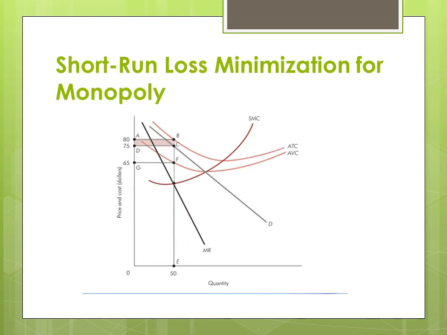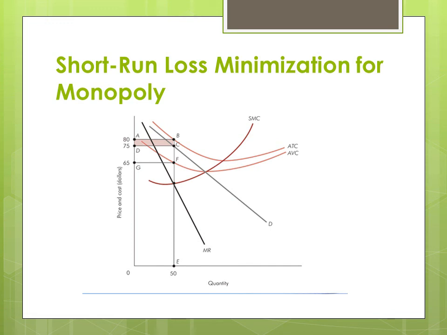Next is short run loss minimization for monopoly. On the x-axis we are taking quantity and on the y-axis we are taking price. You can see that our demand curve and marginal revenue curve are both linear and downward sloping, and our demand curve is above the marginal revenue curve.